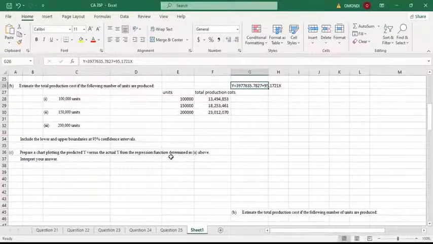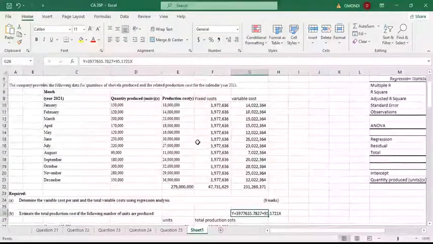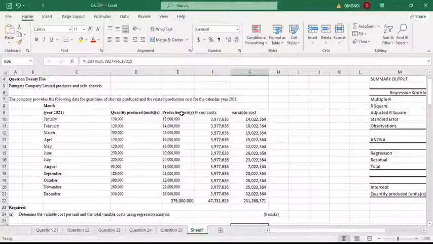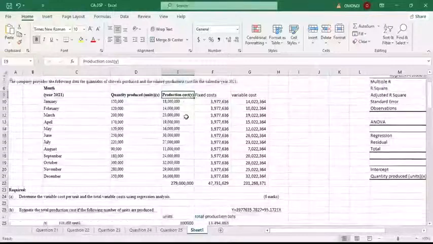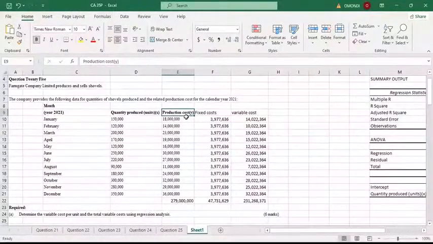So the actual y is this one here, production costs. But we are able to come up with the predicted y. How are we going to come up with the predicted y?